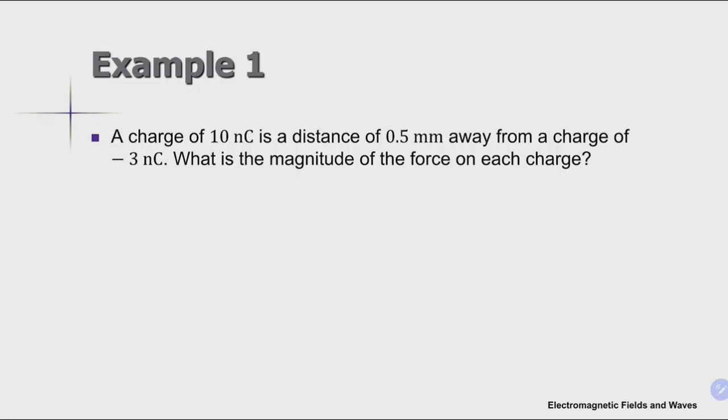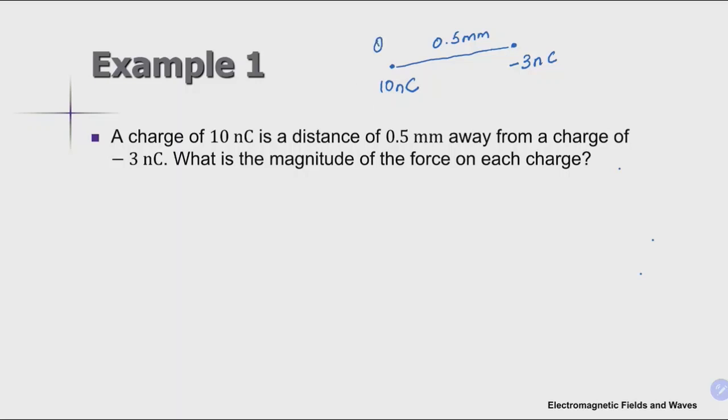So the scenario: we have 10 nanocoulombs, and then we have another charge, which is -3 nanocoulombs, and the distance between them is 0.5 millimeters. And then you are asked to work out what the force is.